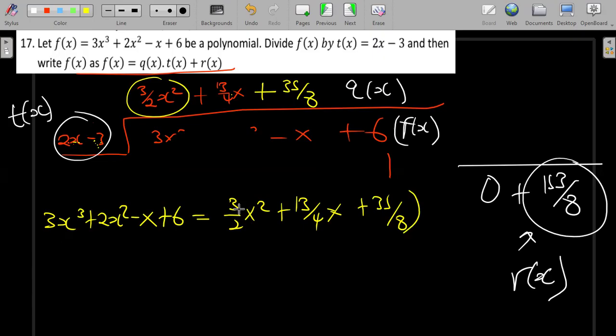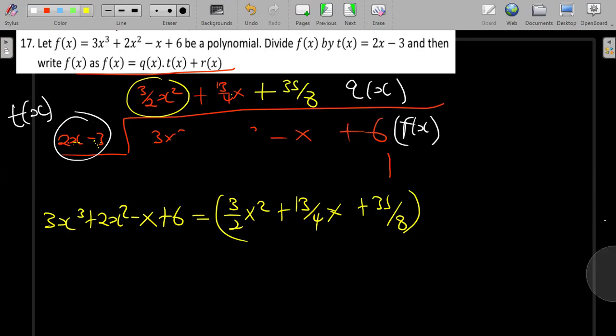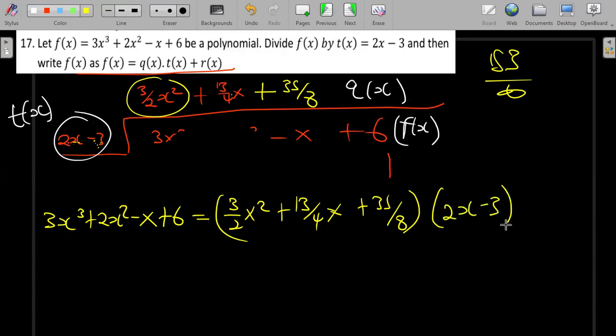And then this thing here, we are multiplying it by t of x. So let's erase this 153 over 8. This was the remainder. So we are multiplying this q of x with the t of x, which is 2x minus 3, and then plus the r of x, which is the remainder. So the remainder is just 153 divided by 8.